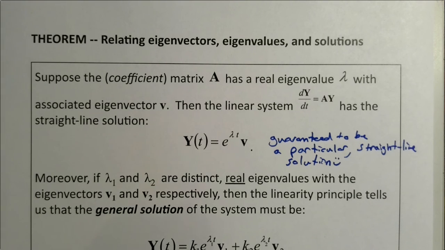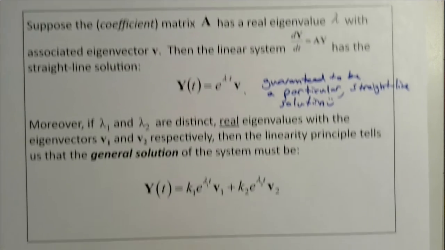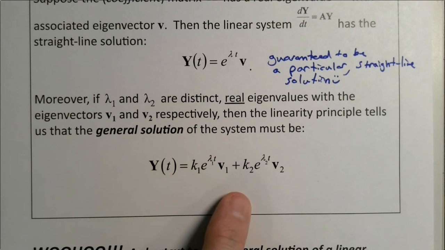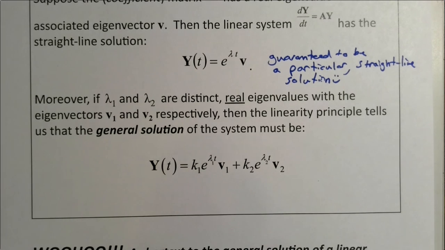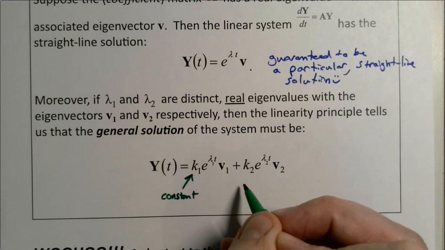Moreover, if you know multiple values of lambda and multiple values of v, then you have multiple straight line solutions. So if you have 2 of them, you can put together your straight line solutions and come up with the general solution. Now you'll notice it's a general solution because we have a constant here and a constant here.